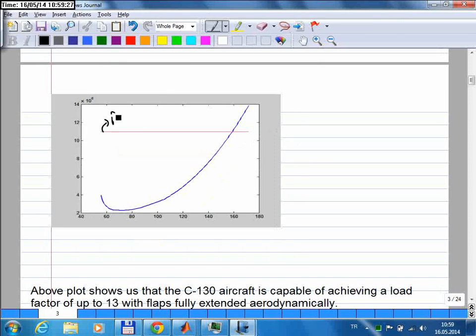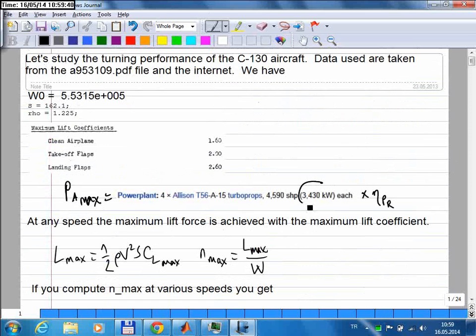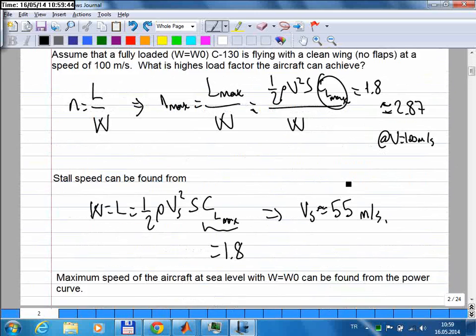So this is PA max, with a propeller efficiency of 0.8. So that number is equal to 4 times this engine power times 0.8. That's what that number is.